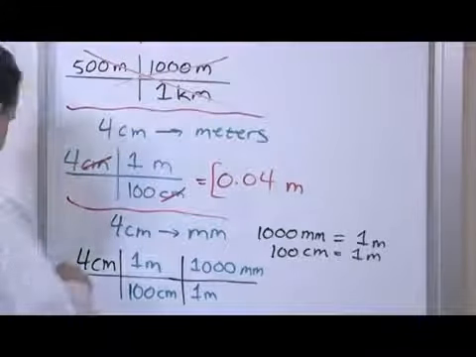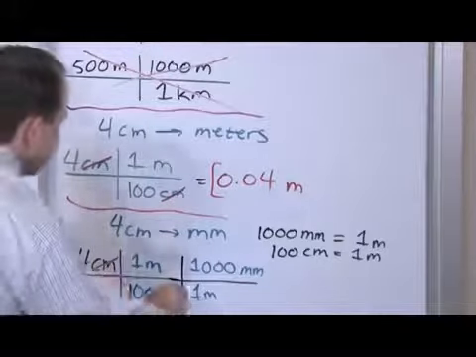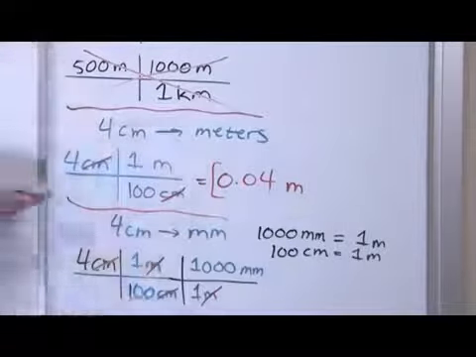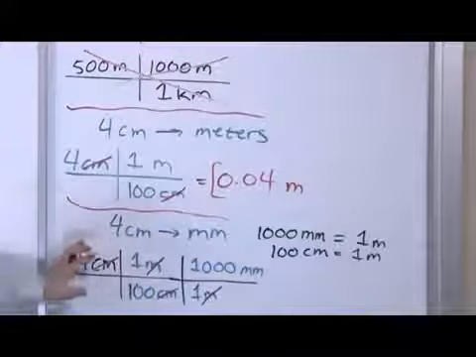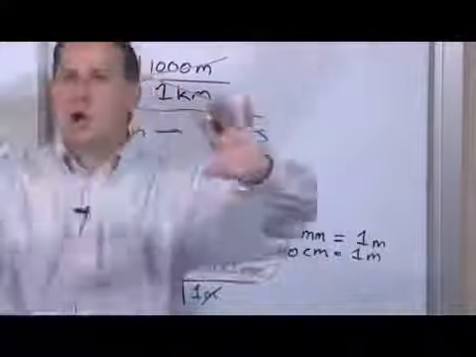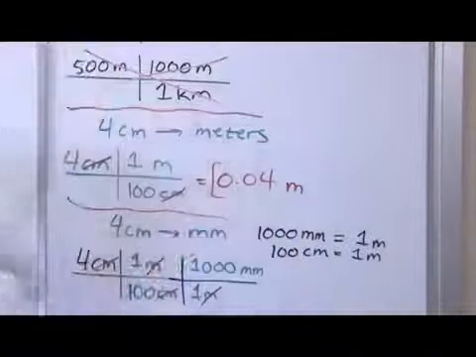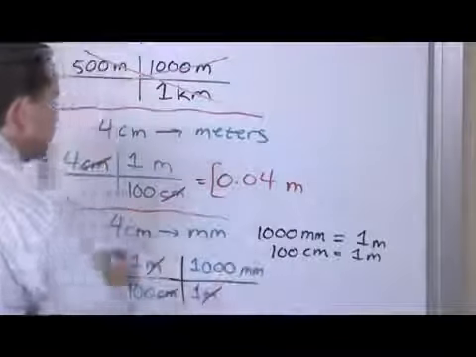Because right here, centimeters cancels with centimeters, and meters also cancels with meters. Anything in the top is going to cancel with the same unit in the bottom. And you can extend this unit conversion thing as long as you need to get the units to cancel in the way that you need them to cancel. So you've canceled the centimeters, you've canceled the meters, all you've left is millimeters.